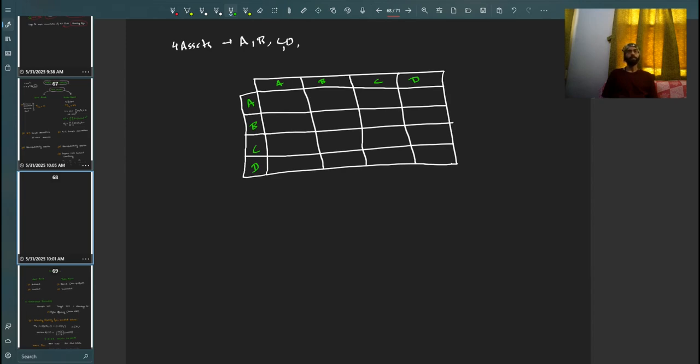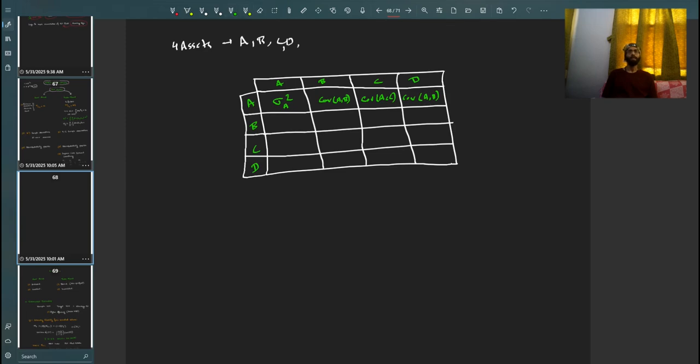So A with A first we will do. This will give us the variance of A with respect to A, right? Then we will have A with respect to B, which will give us the covariance of A with respect to B, right? Then covariance of A with respect to C, covariance of A with respect to D. These figures will be there.